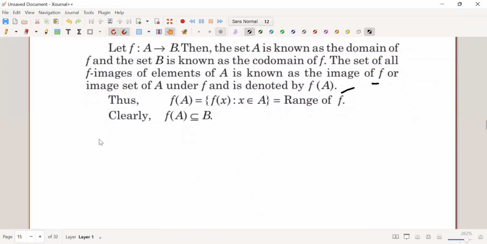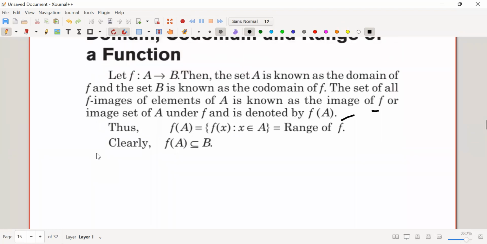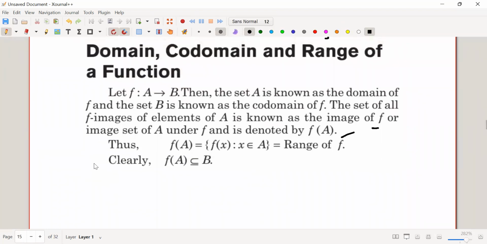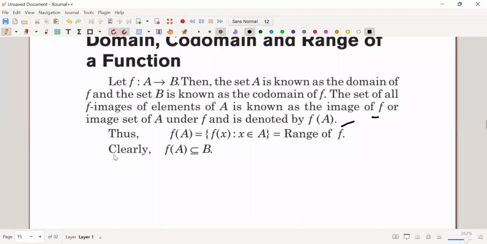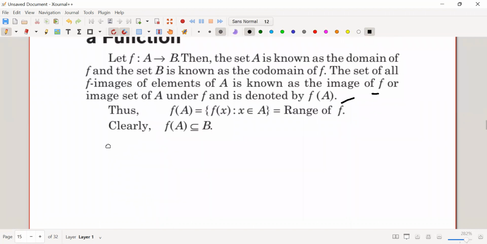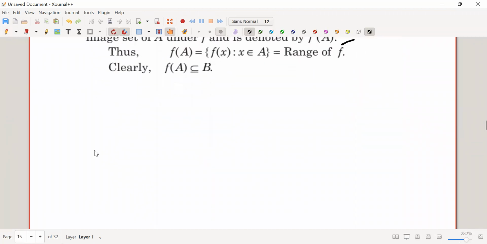Domain, codomain and range. So what are all not functions? Which ones will I say are not functions?